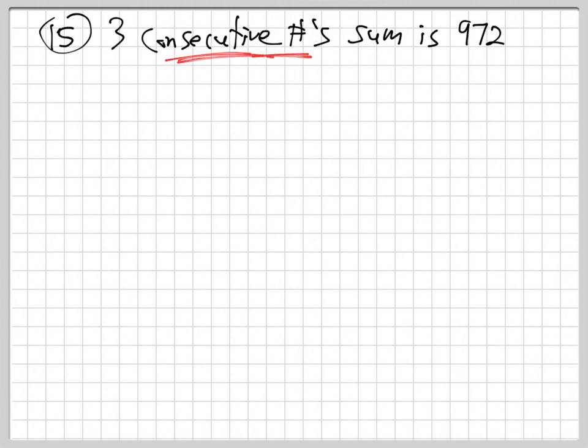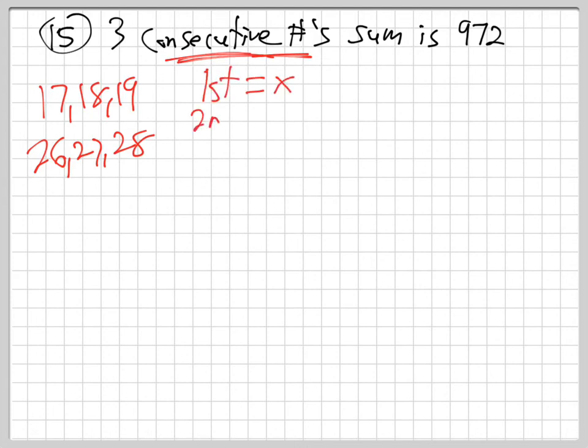So like 1, 2, 3. Yeah, numbers in a row, like 17, 18, and 19, or 26, 27, 28, right? In a row. Okay, so numbers in a row. Well, how do you represent numbers in a row? What you do is you always let the first one be x, the next one, if the first one's 17, the next one is one higher, x plus 1.